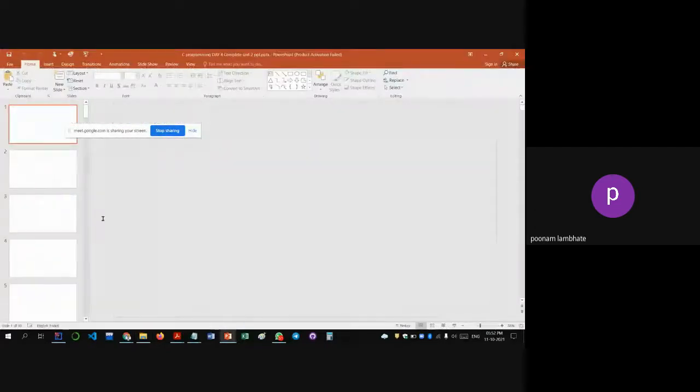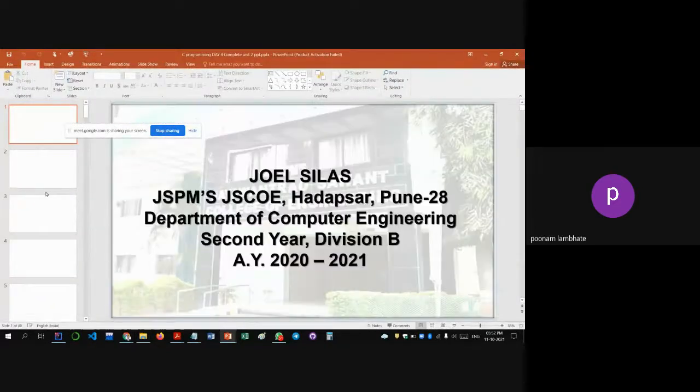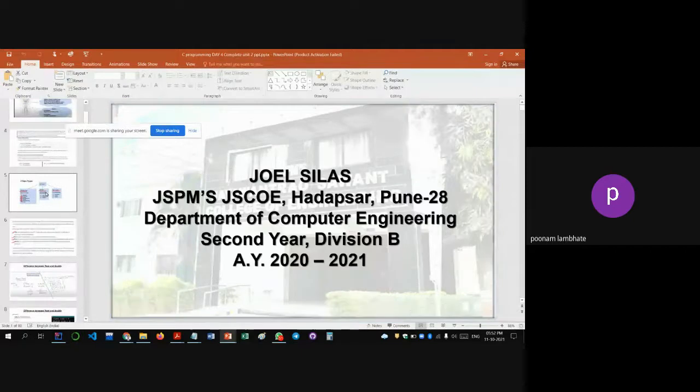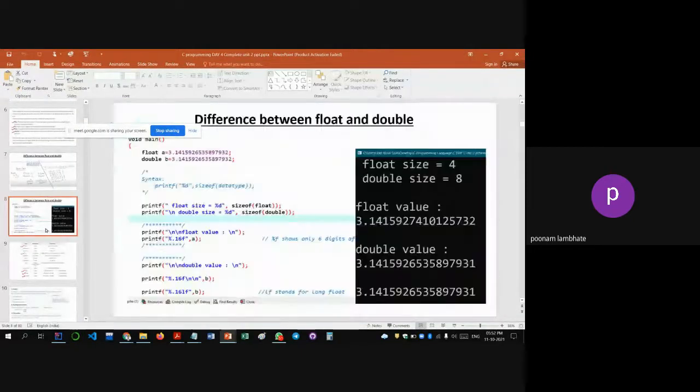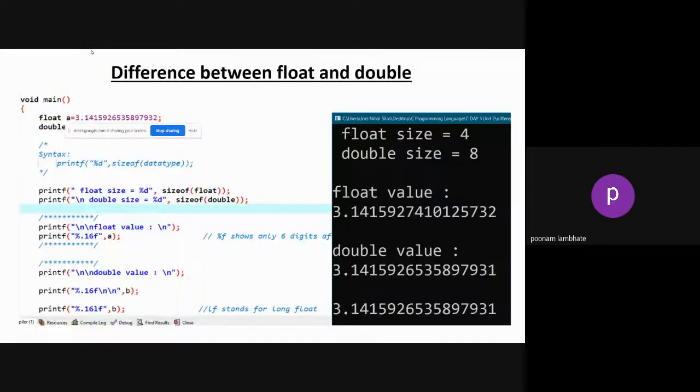So float and double, the difference is whatever fractional value you store inside float, it will be represented with lesser precision, and whatever fractional value you store in the double data type, it will have higher precision.